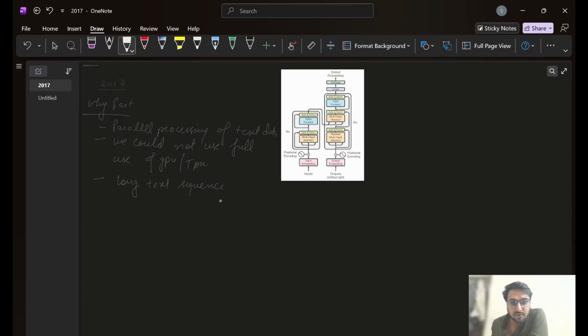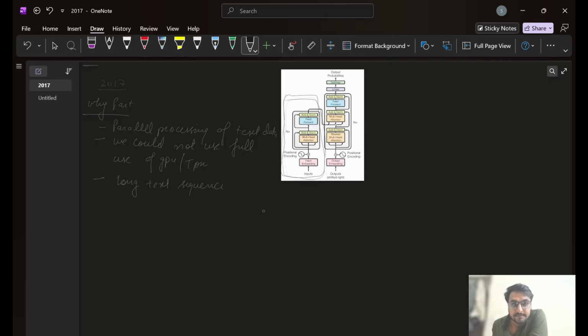We all know what an encoder is. The left side part is basically the encoder.